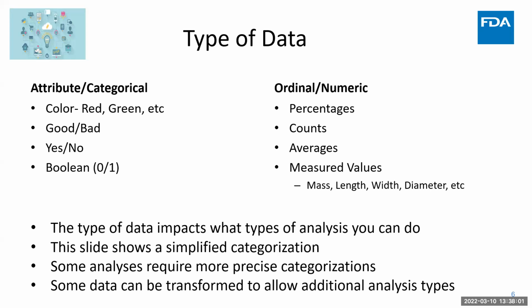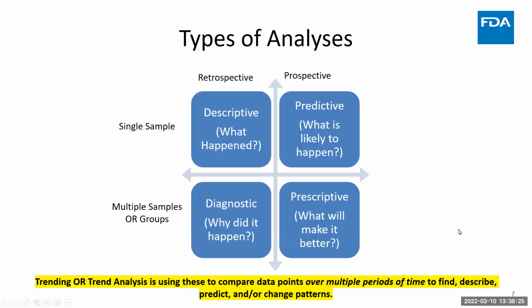So just learn what you can about your data and the types of information that you have so you can do the right analyses. Also be aware that some data can be transformed from one category to another. But we're not going to go into data transformations at this point. That'll be for some future training.